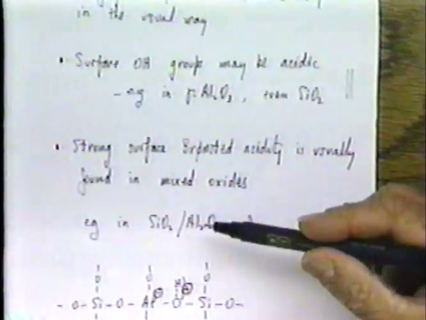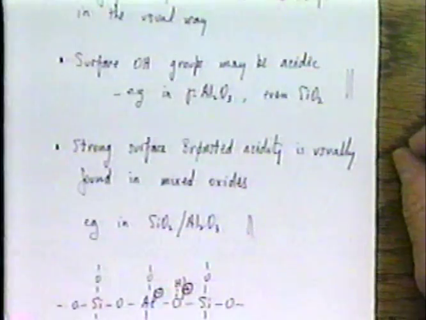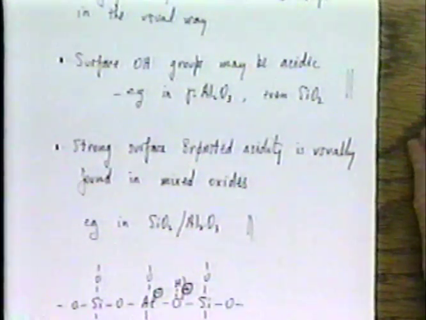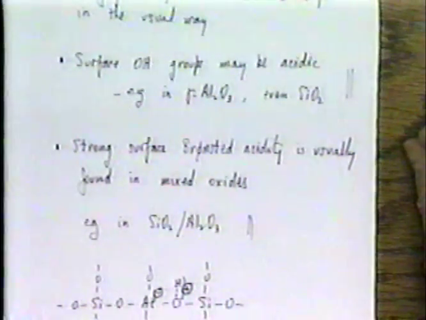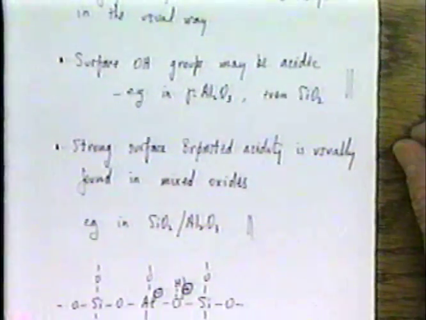The point about this is that if you form what amounts to a solid solution of silica and alumina, every time an aluminium atom enters into the lattice, in order to obtain charge balance, it requires an associated cation to neutralize the negative charge which the aluminium has to adopt if it's to become 4 coordinated.